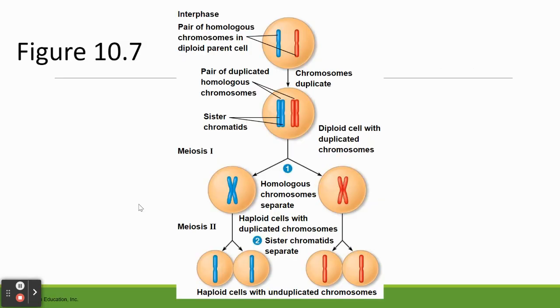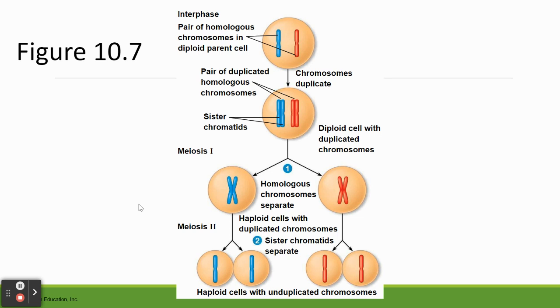Okay, so here's a big picture of what's going to happen. When we start meiosis, we're going to have a pair of homologs in the diploid parent cell, one from mom, one from dad. Those duplicated homologous chromosomes are now a set of two because we duplicated them, and they're considered sister chromatids.